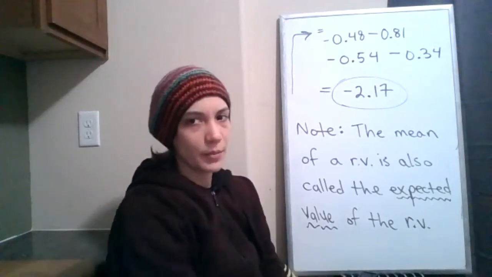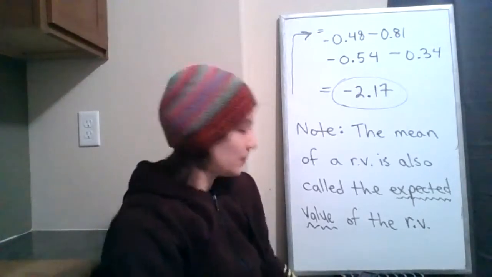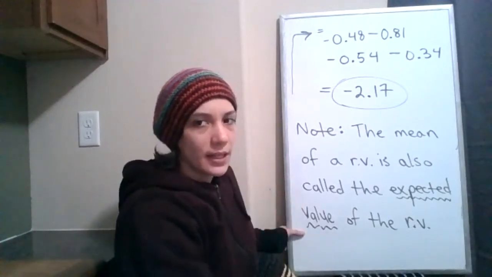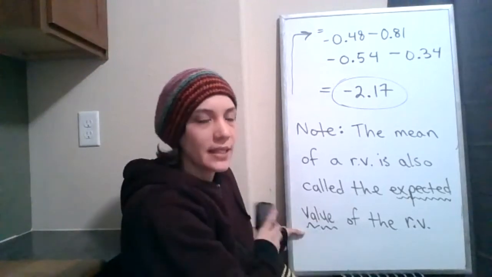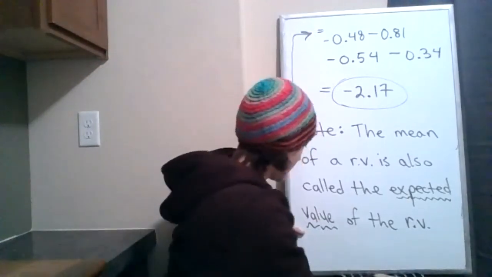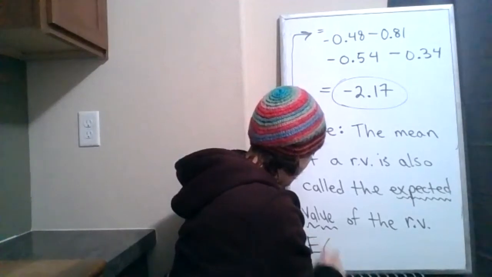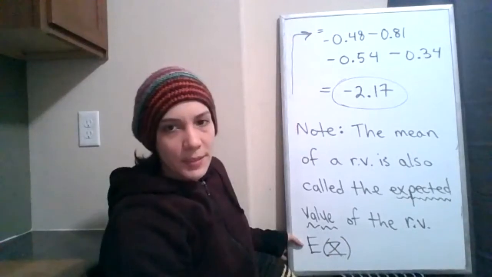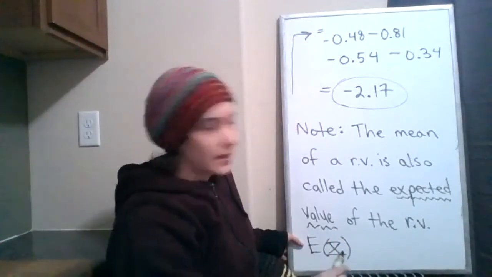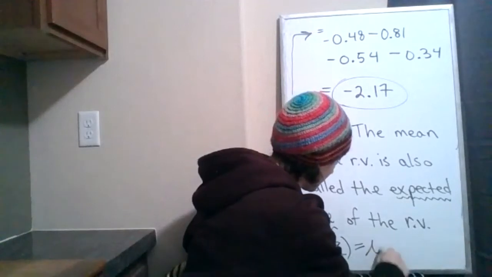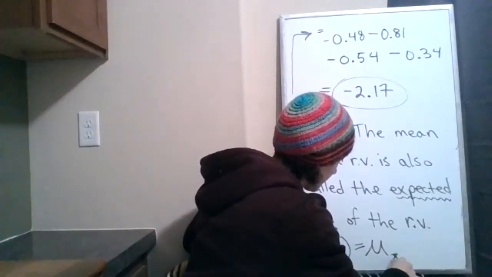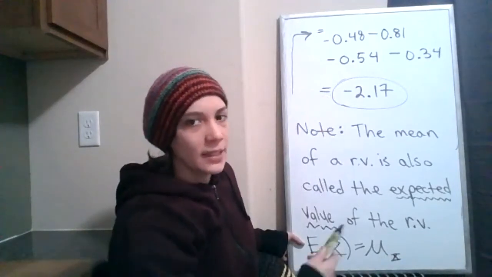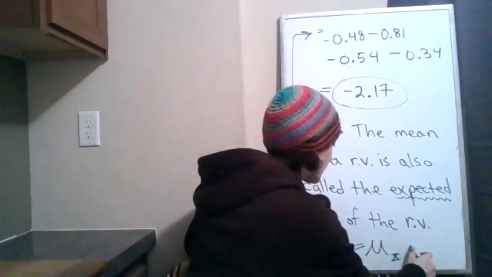I just wanted to bring it up, and I will show you the notation. It's common in a stats class to write expected value of x, capital E of x. So expected value of x would equal the mean of x. They're the same thing. And you can find it by taking the sum of x times p of x.